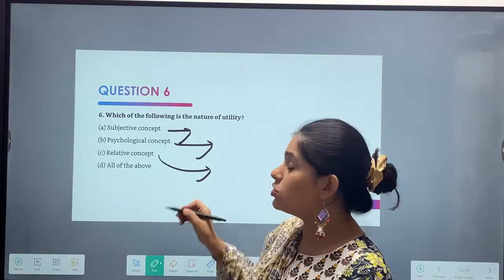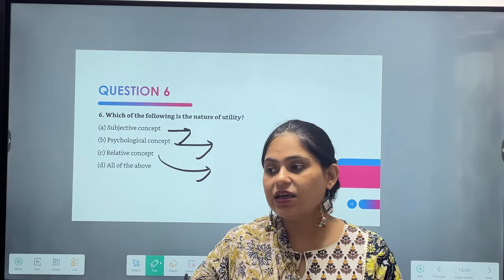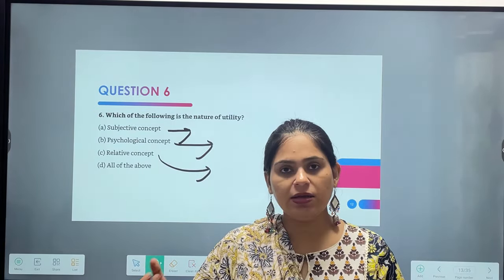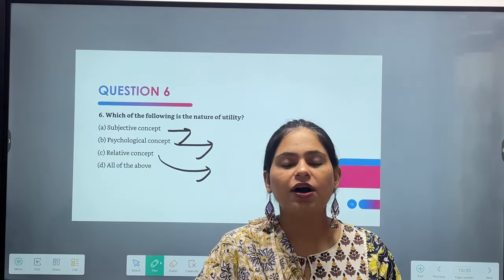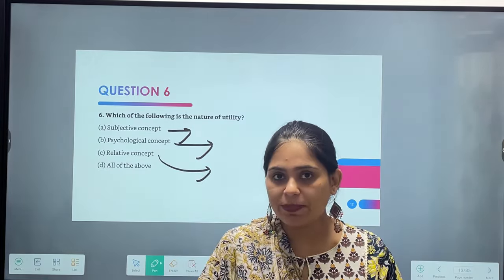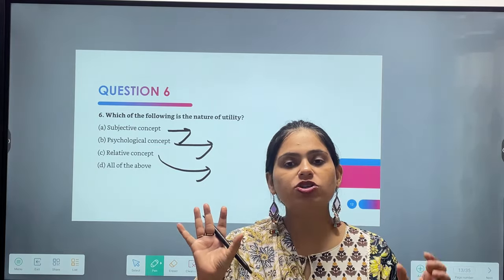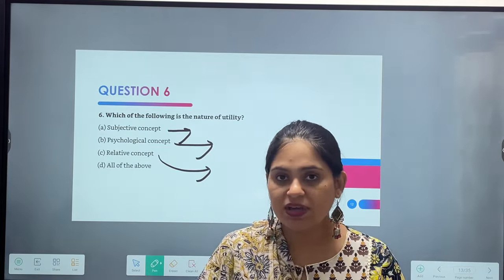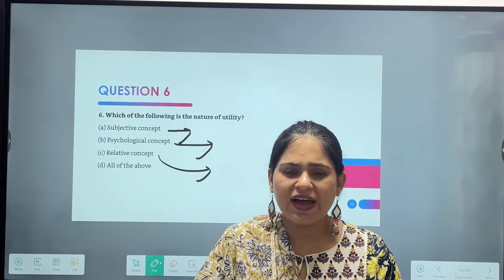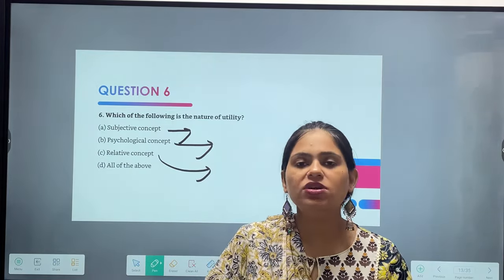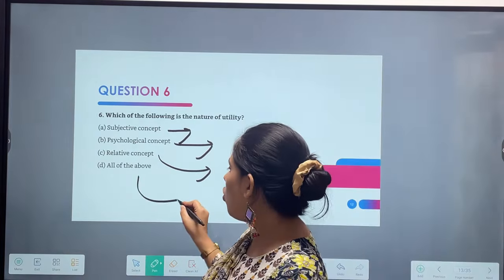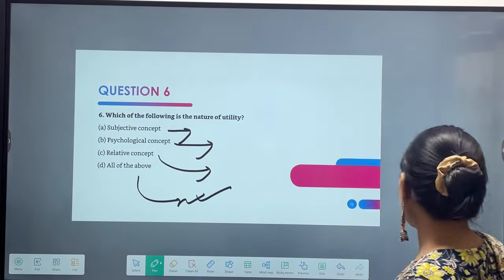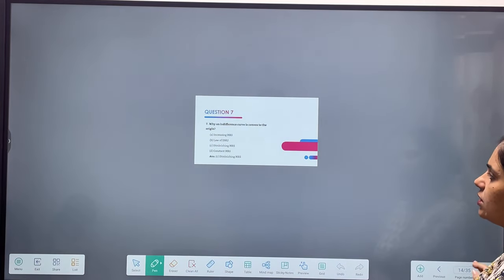When I compare two things, say a Maruti 800 with a Ford EcoSport, what am I comparing? I am comparing how much utility they give me in relative terms. I cannot define it in terms of numbers. I can only say one gives me more utility than the other. So all of these options are correct. So the answer is D.